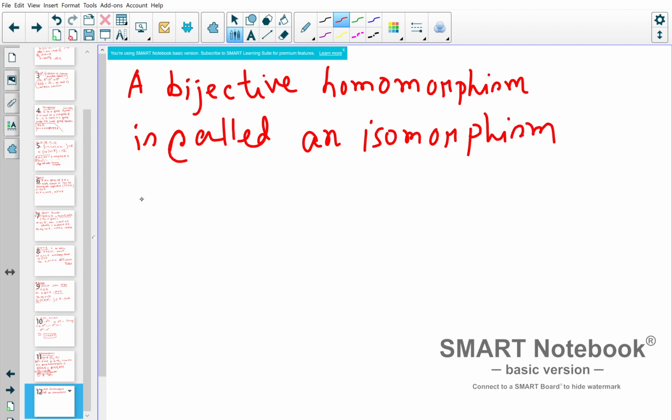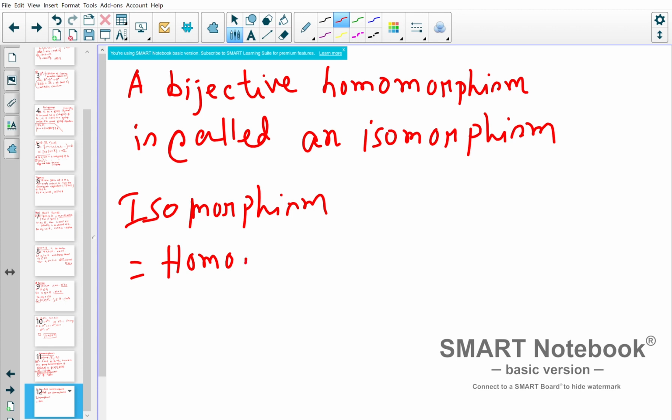Isomorphism means this is a homomorphism plus a bijective map. Bijective means injective plus surjective, one-one and onto. Okay.